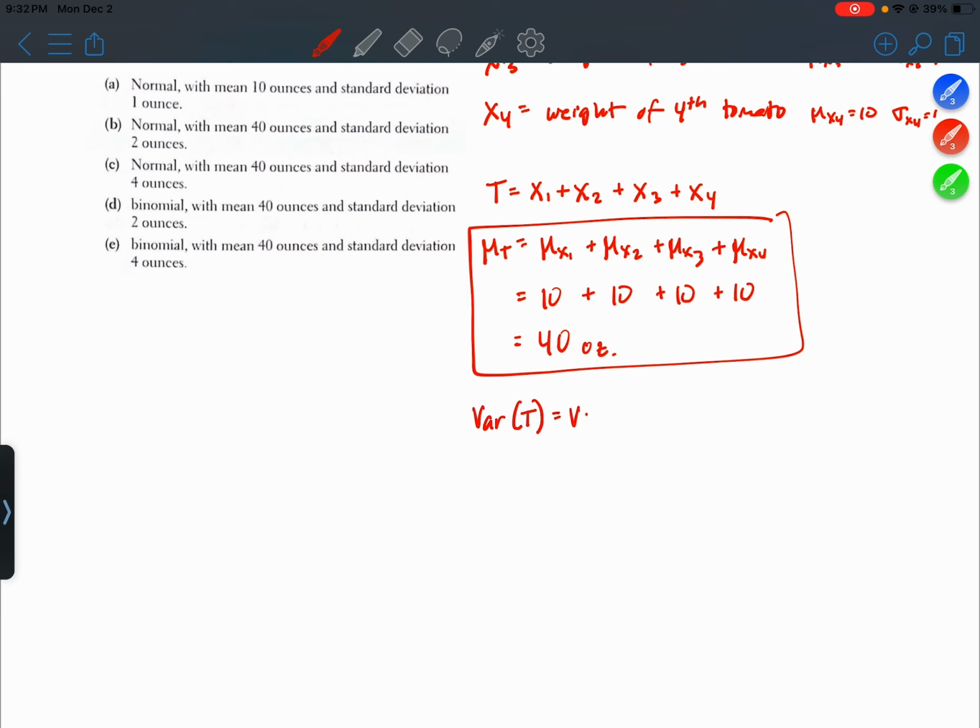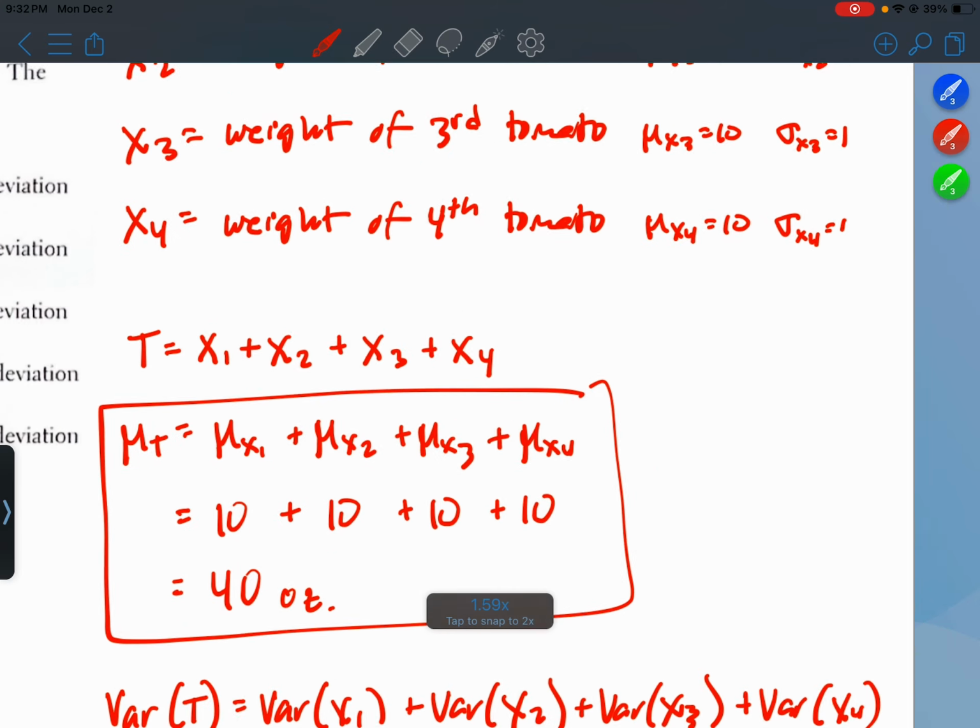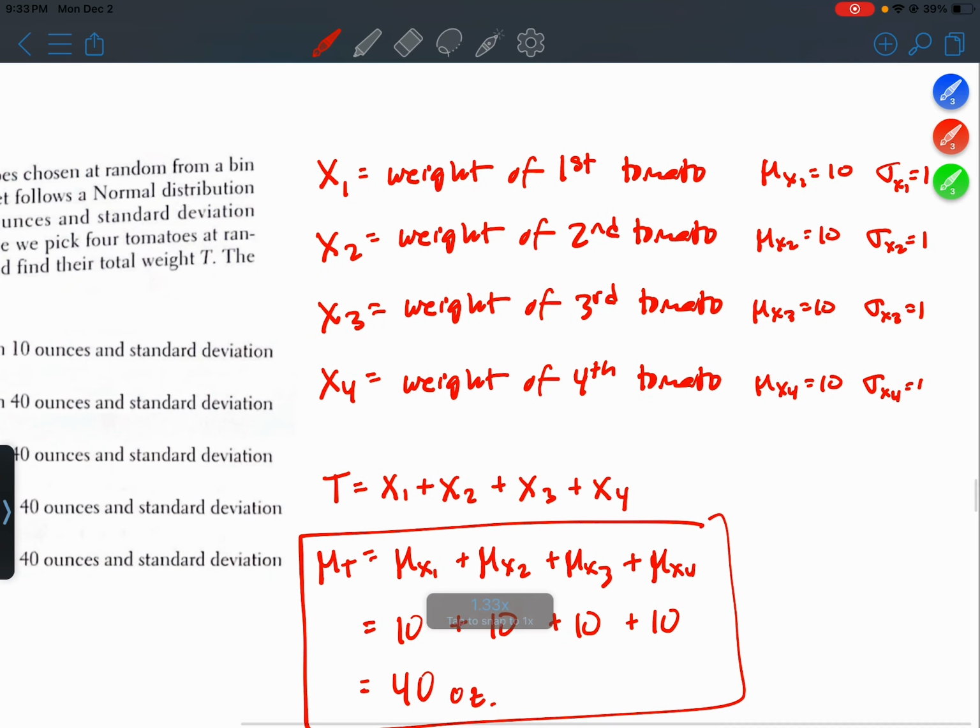So it's the variance from X1 plus the variance from X2 plus the variance from X3 plus the variance from X4.